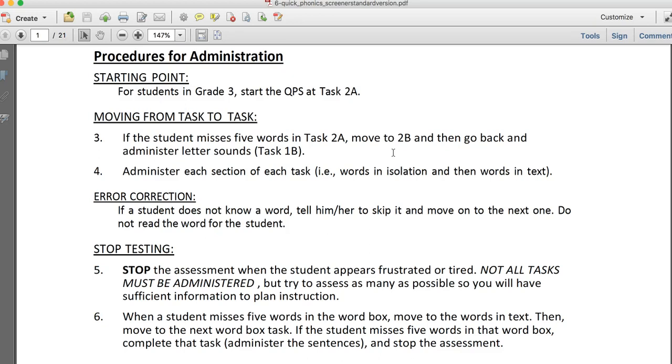And that is just a strong characteristic that we see in struggling readers, especially those with dyslexia.